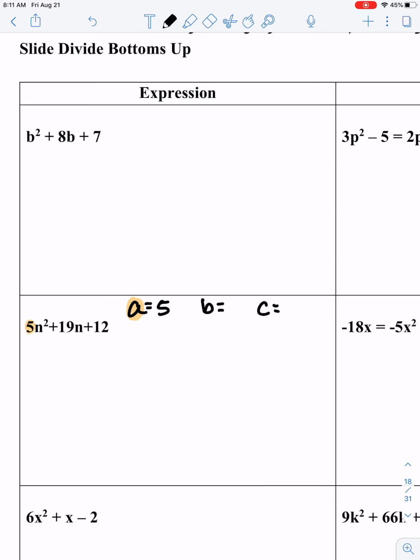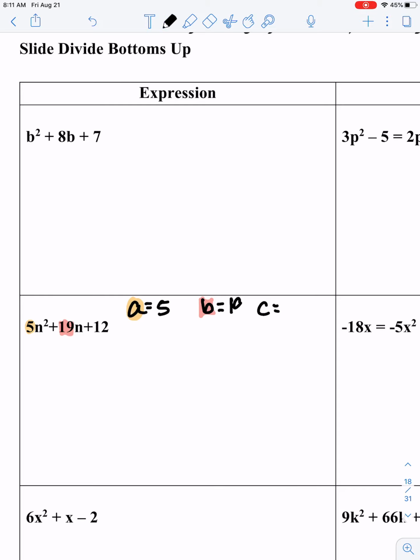And here I've changed it up, right? I don't have x's. A variable is just any letter. It's a placeholder. B is the number beside a variable that has an exponent of 1. If you don't see an exponent with a variable, assume it's 1.